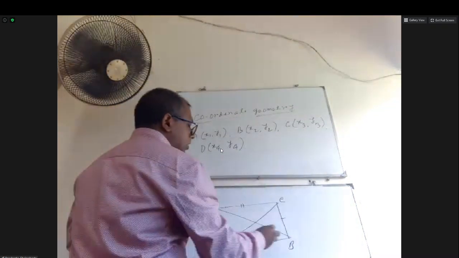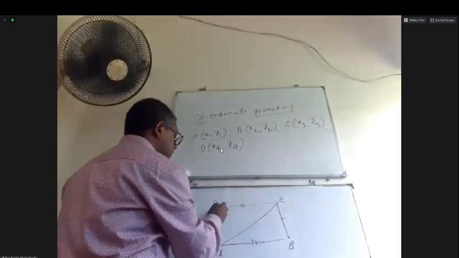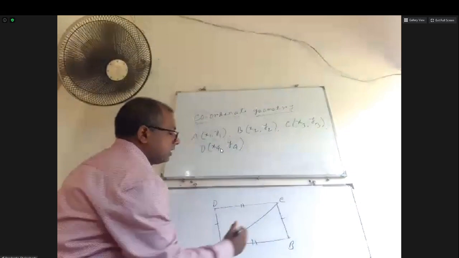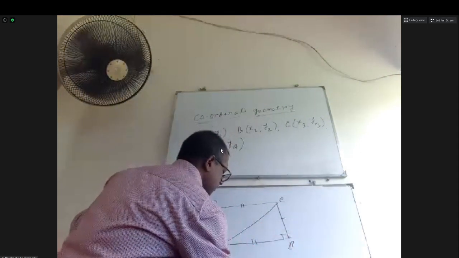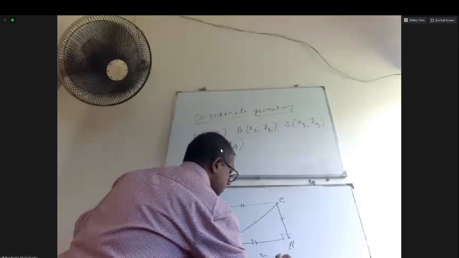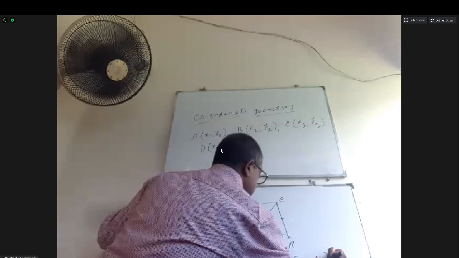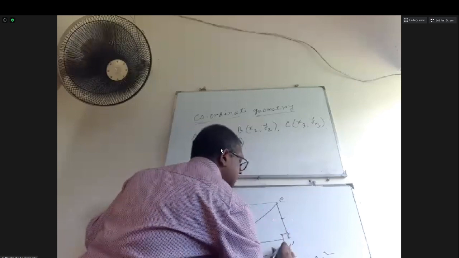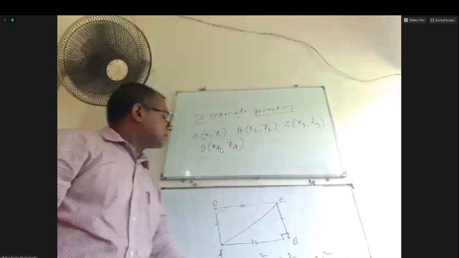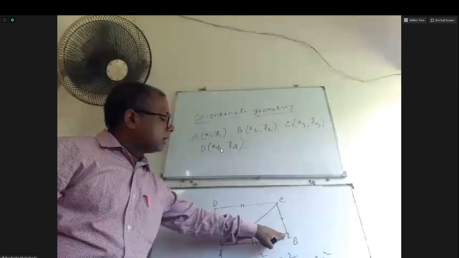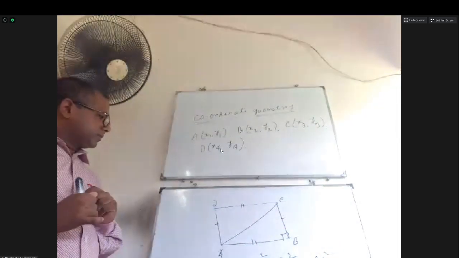We can also say, if it is a right angle, that is, if AB square plus BC square equal to AC square, then angle ABC is a right angle or 90 degrees.